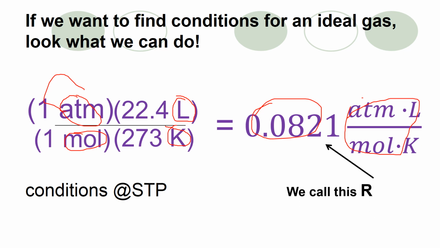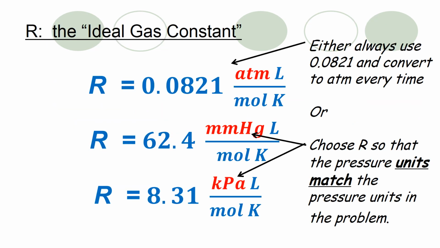So we end up with this constant over here, which we call R, and this is the ideal gas constant. We can use this to calculate any of these other variables if they were missing. So imagine if our volume was missing, we could figure that out if we know what this constant is. Now, this constant can be found in many different units. I've got 3 here, but there are dozens of different unit combinations that we could come up with.